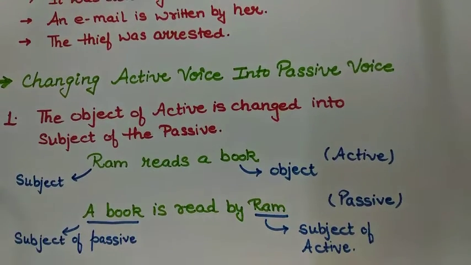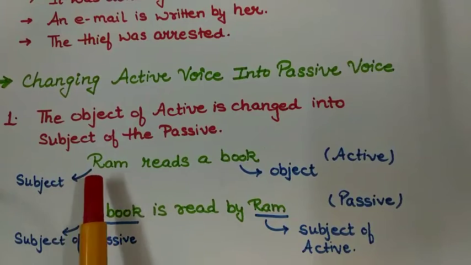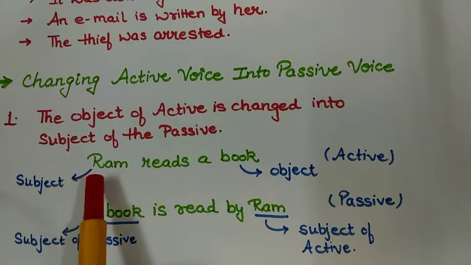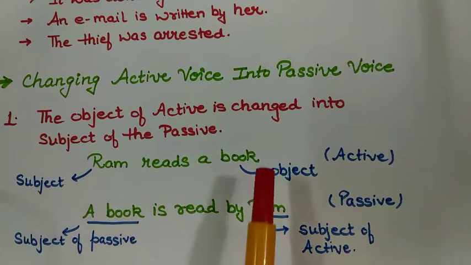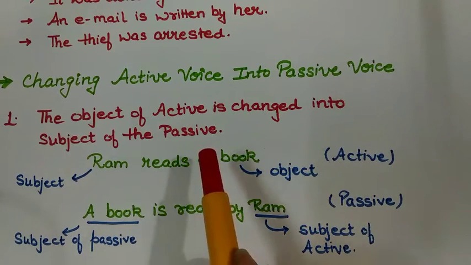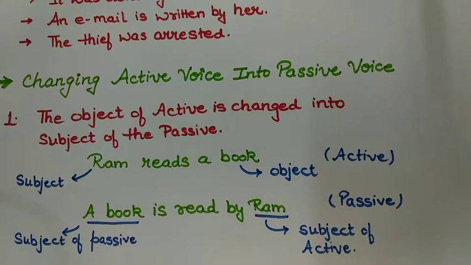How? See here. Ram reads a book. This is a sentence in active voice. Ram is the subject here and book is the object. When this sentence is converted into passive voice, it will be: a book is read by Ram.